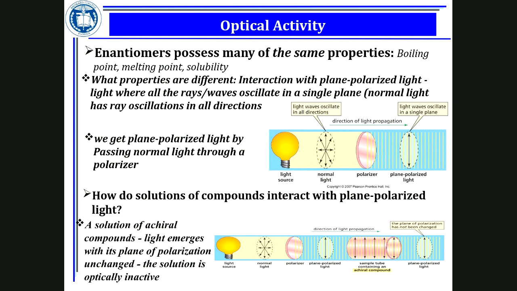By how many degrees you rotate this movable filter, you count how many degrees the light has been rotated, and that counts as the observed rotation. So you have your observed rotation. You can calculate a specific rotation from that also.